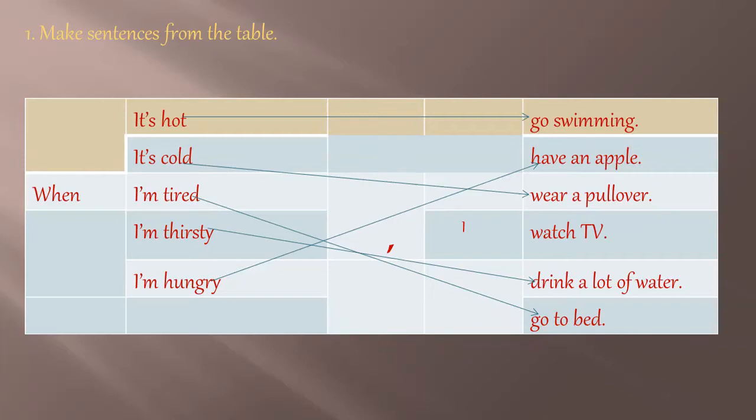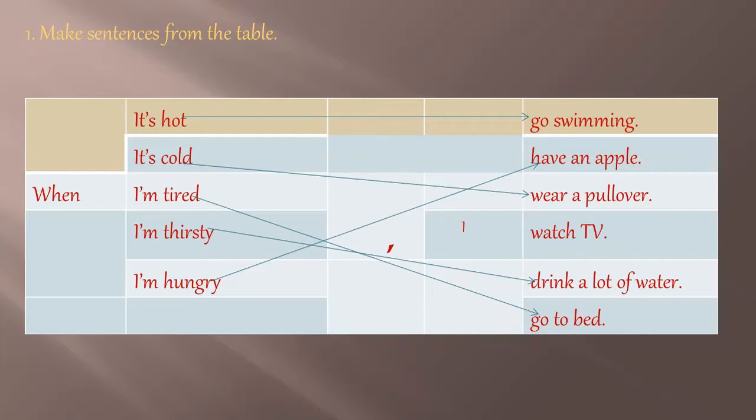Pullover is a garment put over the head covering the top half of the body. When I am tired, then what we usually do? Go to bed. When I'm thirsty, then I drink a lot of water. When I'm hungry, I have an apple.